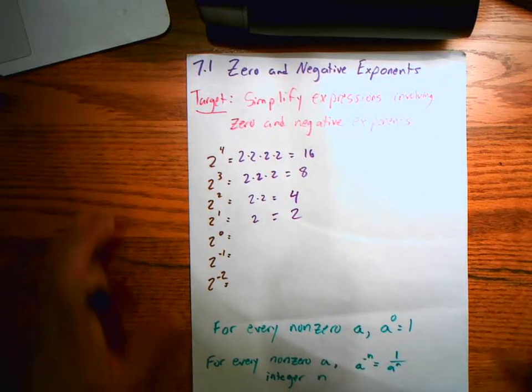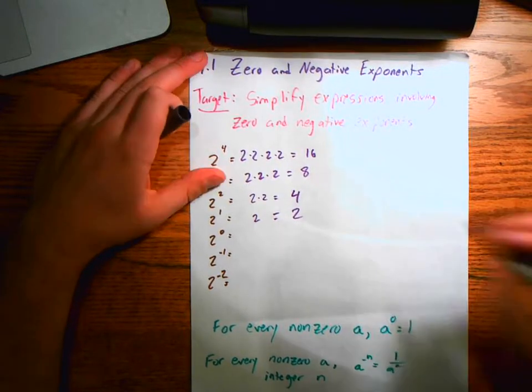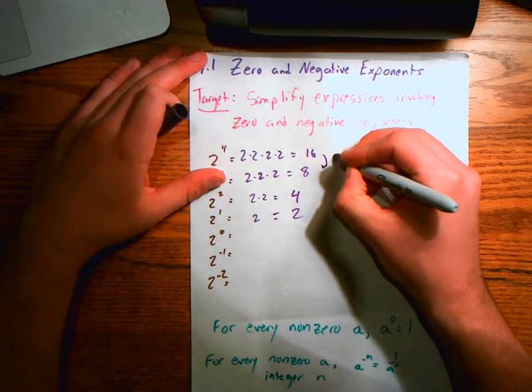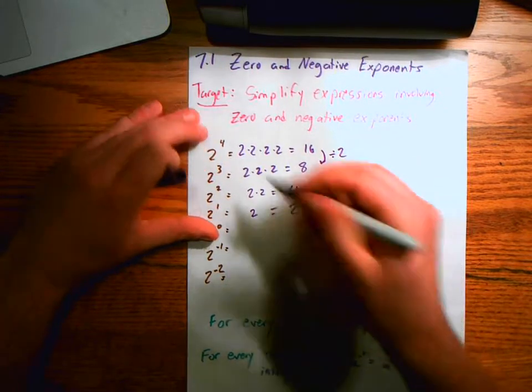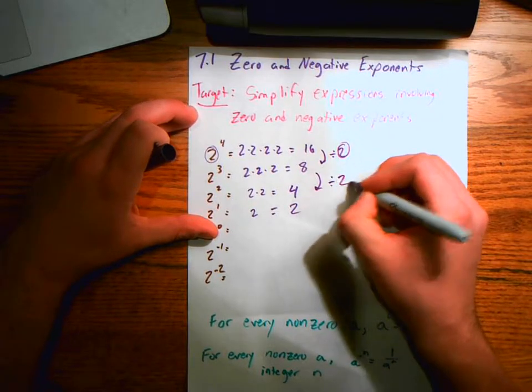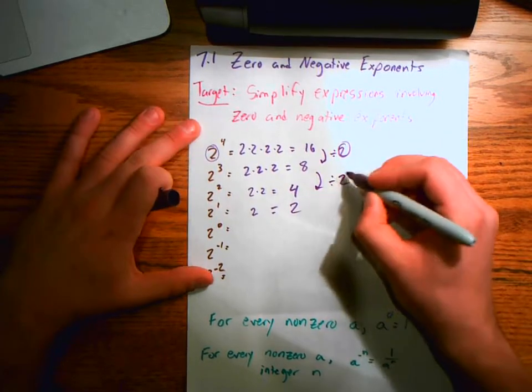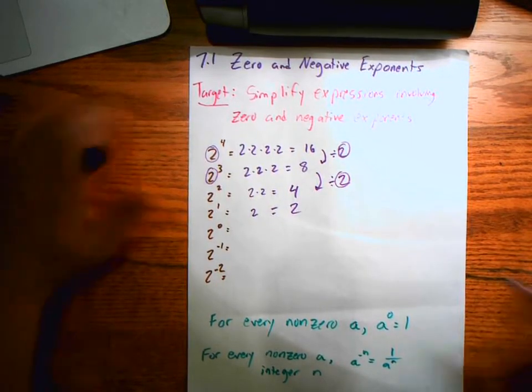If you notice a pattern between all of these numbers that are decreasing, to go from 16 to 8 is dividing by 2. You divide by 2, and that number comes from this base right here. Then going from 8 to 4, it's divided by 2 again. Same thing. The base is the same thing as the number that you're dividing by.